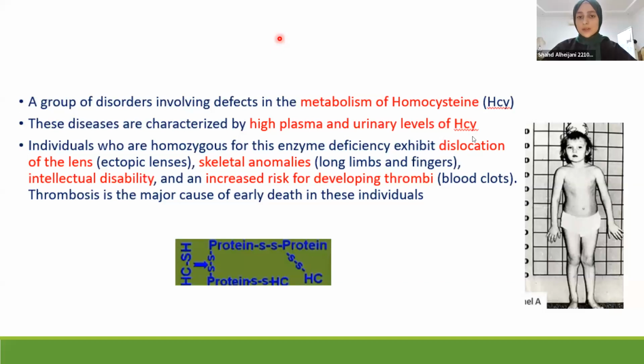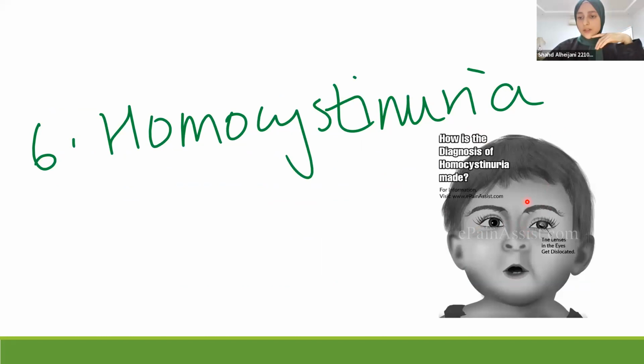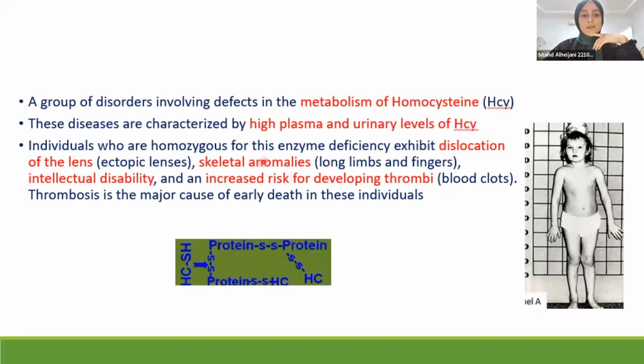So from the name, homocystinuria, homocysteine will start accumulating in the urine. So there are high plasma and urinary levels of homocysteine. Now, the individuals who are homozygous for this enzyme exhibit dislocation of the lens, ectopic lens, like we showed in this image. The lens is dislocated. We also have skeletal anomalies. You can see here, the patient would have long limbs and long fingers.